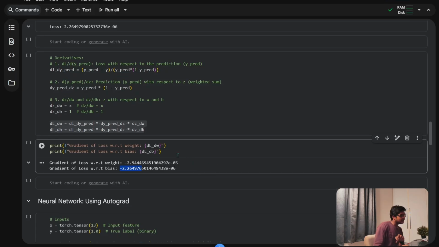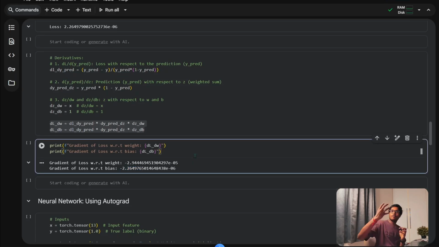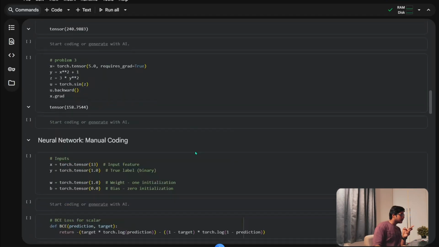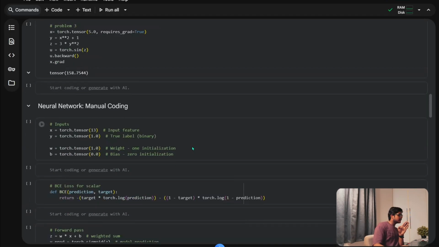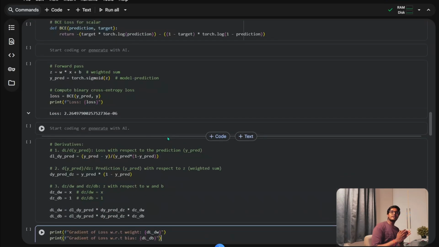So that's it. And because we don't have a fully fledged neural network, I'm not showing the 4th step, which is updating the parameters. But I hope the first 3 points are very much clear. And that is what I actually wanted to demonstrate. So yeah, that's it.